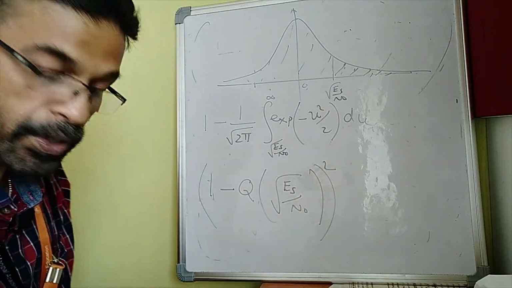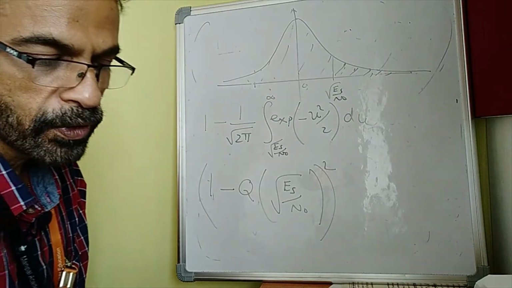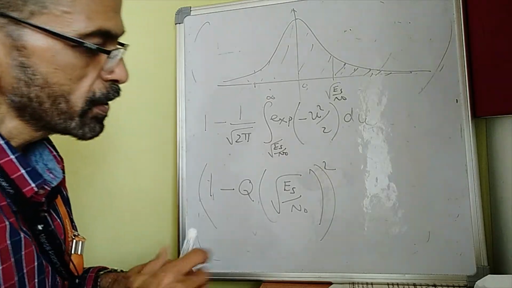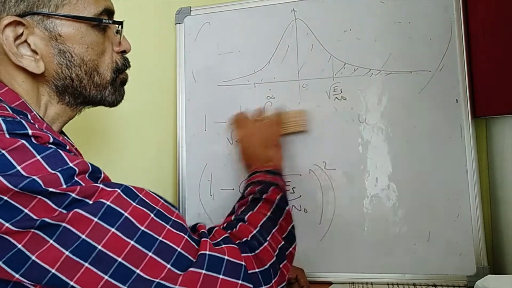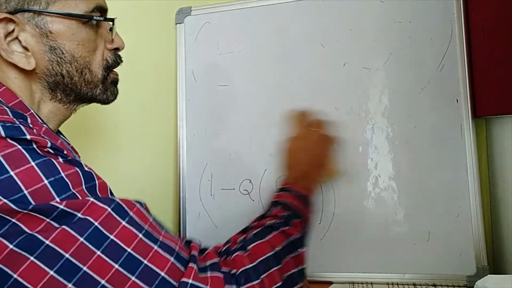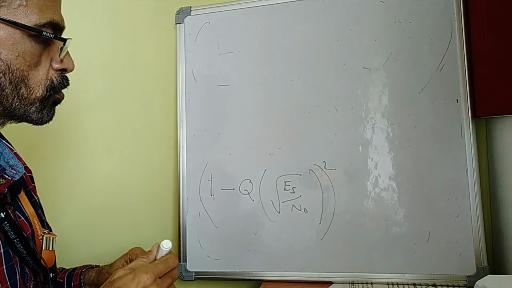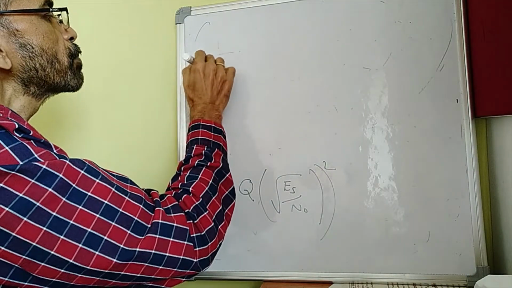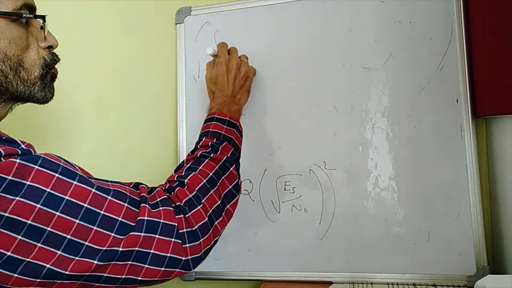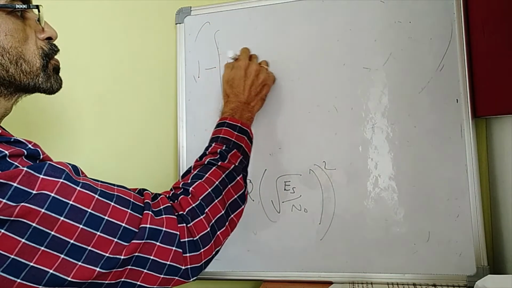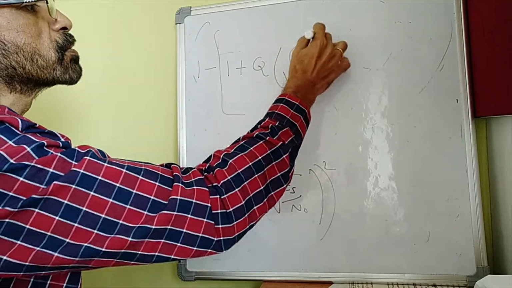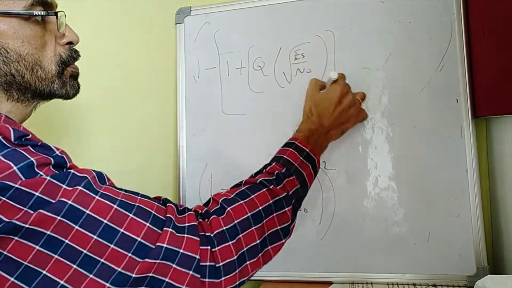This is the probability of correct detection of the signal S3(t), or the symbol corresponding to the signal S3(t). And 1 minus this will give us the probability of error in detecting the signal S3(t). So 1 minus this, let me square this now. So 1 minus 1 plus Q root Es by N naught, square.